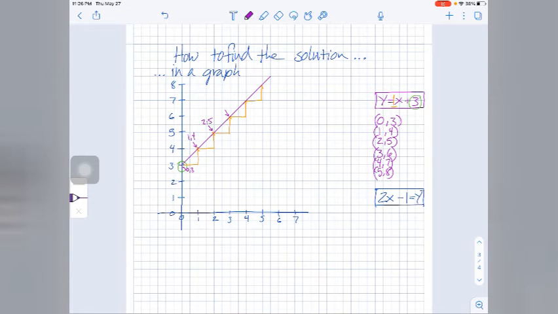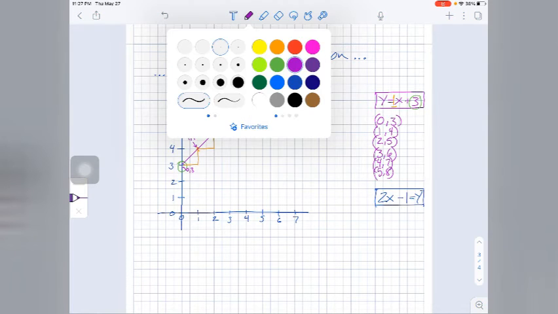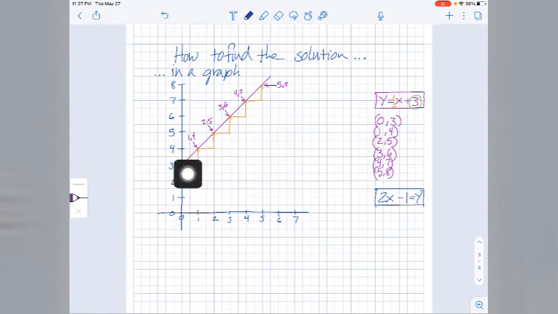All of the points on my graph are possible solutions to my equation. So there's 4 and 7, and there is 5 and 8. I need to draw my arrow here, 5 and 8. And then my other line is 2x minus 1.